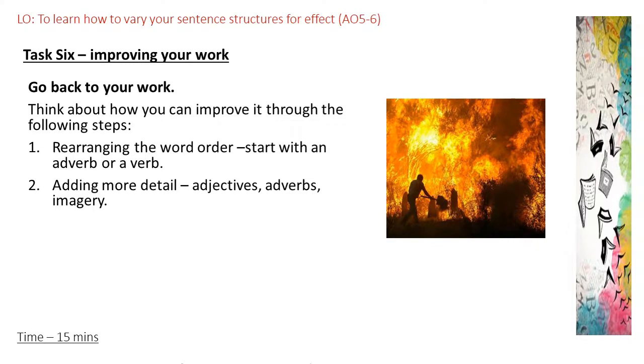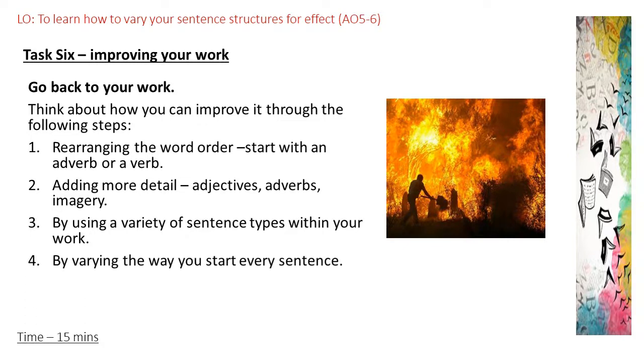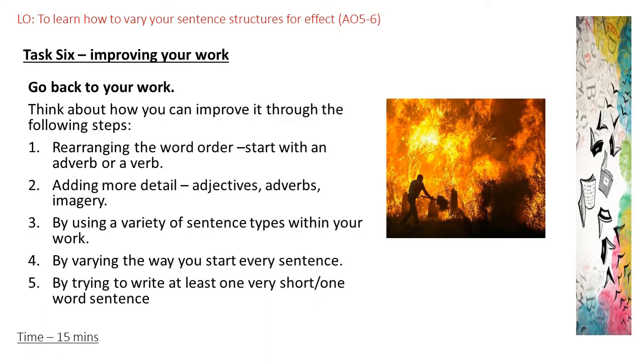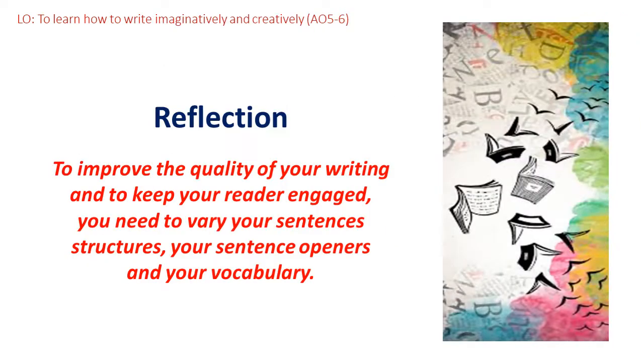Adjectives, adverbs, and imagery. 3. By using a variety of sentence types within your work. 4. By varying the way you start every sentence. And 5. By trying to write at least one very short or one-word sentence. Please pause the video for 15 minutes in order to do this.